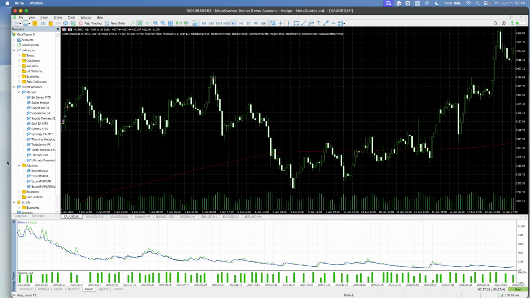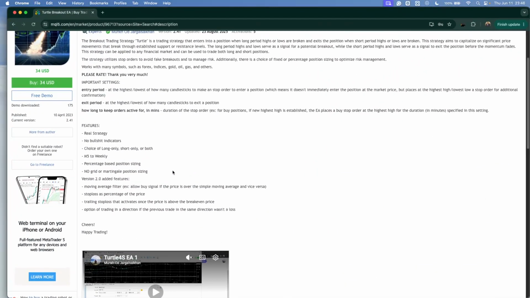My verdict for this is that it's a faithful Turtle Breakout implementation with decent tools, but performance depends heavily on market regime. The nuances include high sensitivity to false breakouts and volatility, and the implication of this is that it can shine in strong trends but suffers in chop.